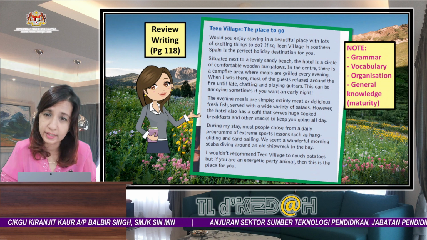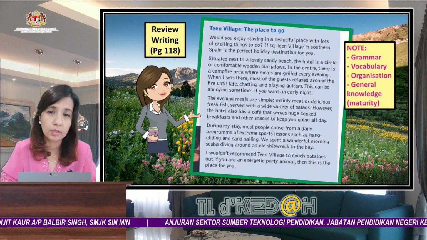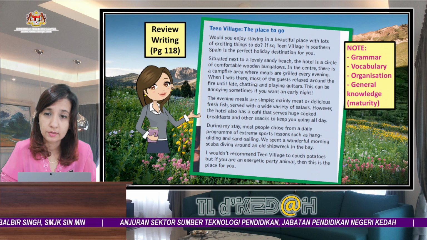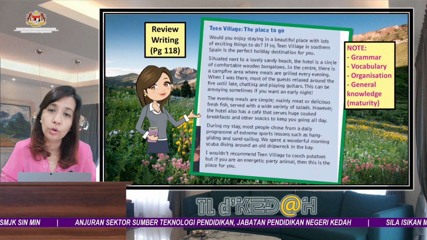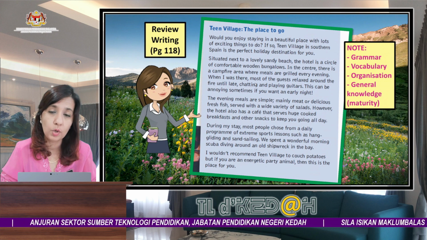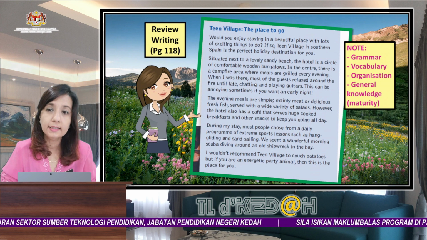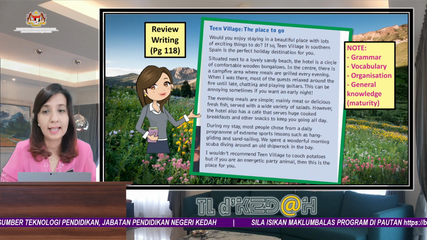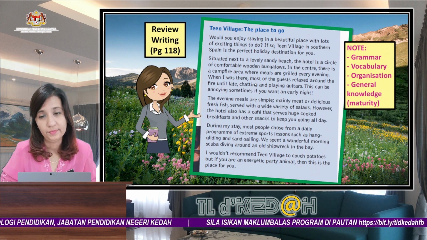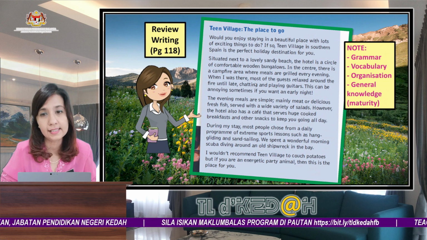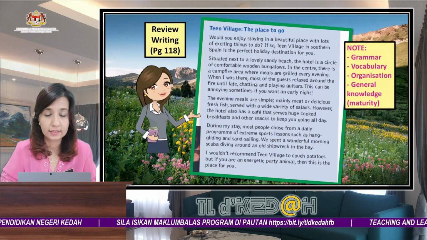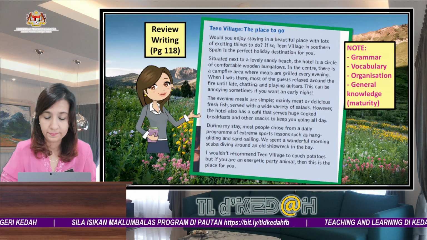Now, what are couch potatoes? Who are the people that we call couch potatoes? Those who love to just sit at home and do nothing, just watch TV. That means they are not the active type. They prefer to just sit and laze around at home, not the going-out type of person.